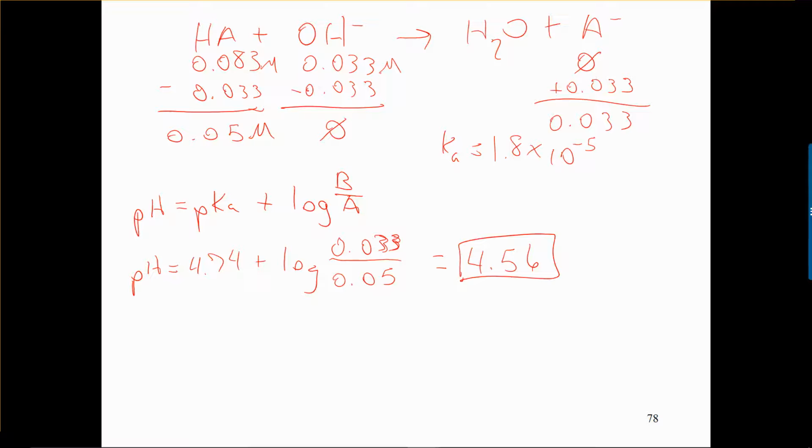What happens if what? Is if what's equal? Concentrations. If the acid and base, you tell me. pH equals pKa plus the log of the acid over the base. pH equals pKa if the acid and base concentrations are the same.